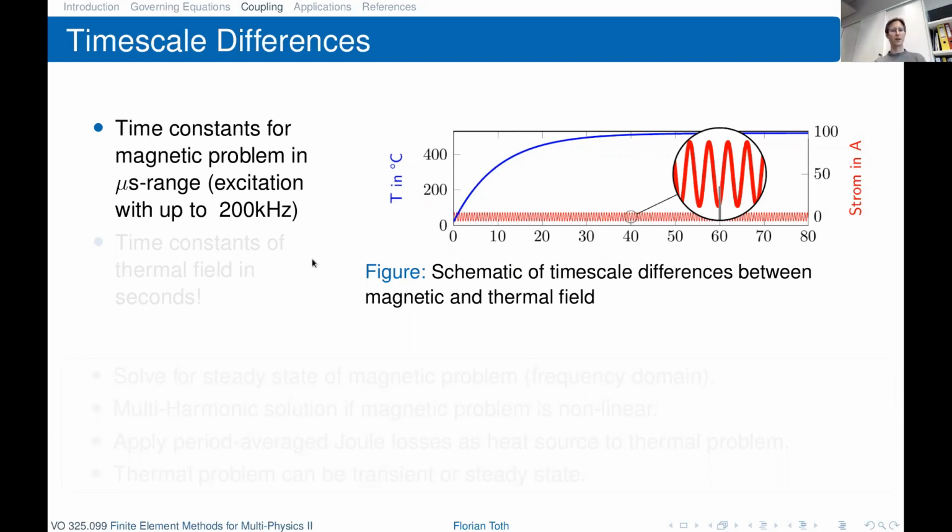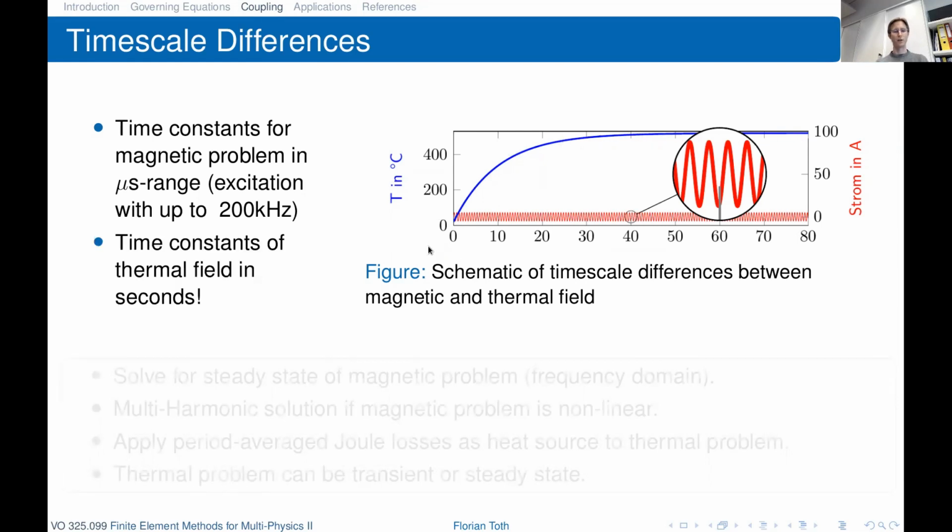So typically when you switch on your inductor, you have, I don't know, how many hundred periods of the magnetic field until the thermal field actually reacts and goes into a steady state temperature. So the time constant of the thermal field is much larger than the magnetic field.